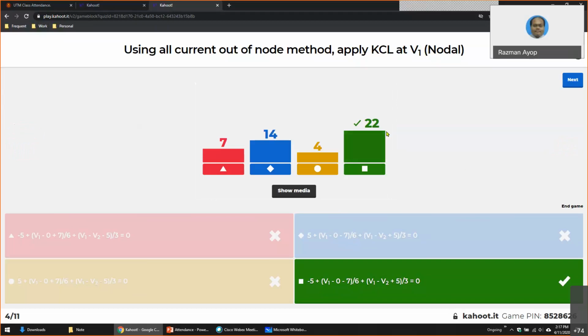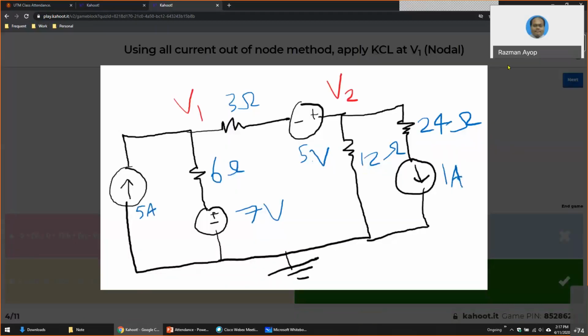Okay. 22 out of 50 something get the correct answer. So how to do this?